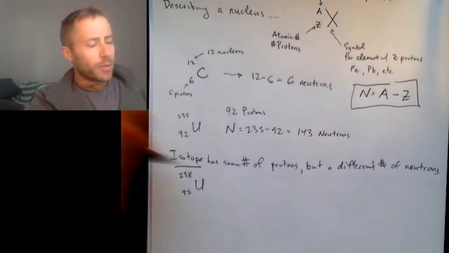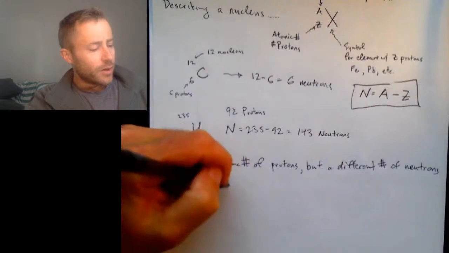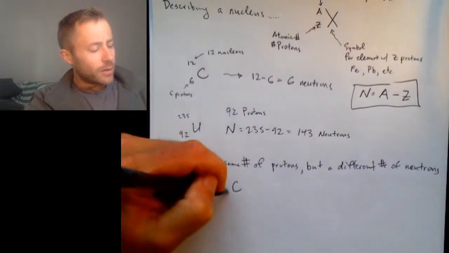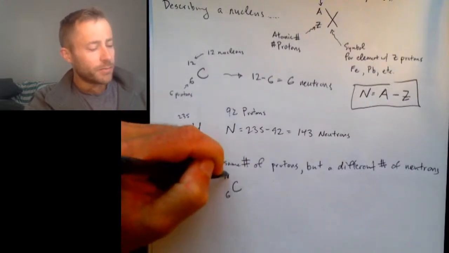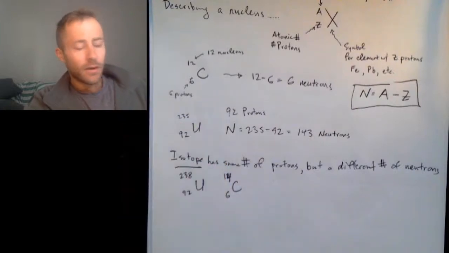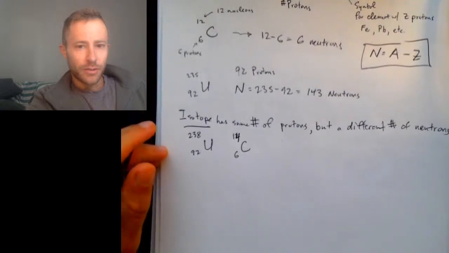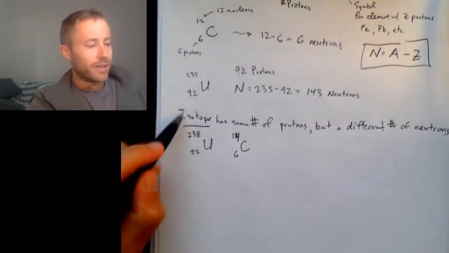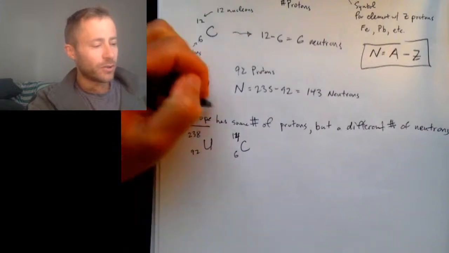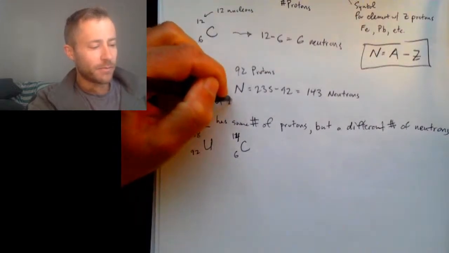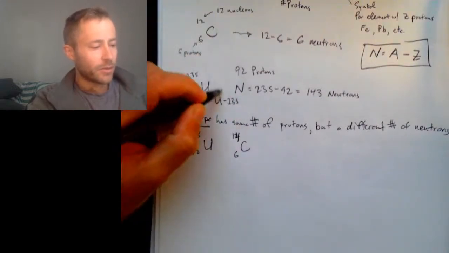So some other examples of isotopes are carbon-14. All right. A lot of times you'll hear the isotope given just by the mass number. So this is called uranium-235, for example.